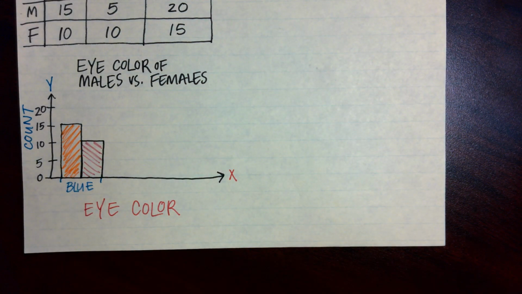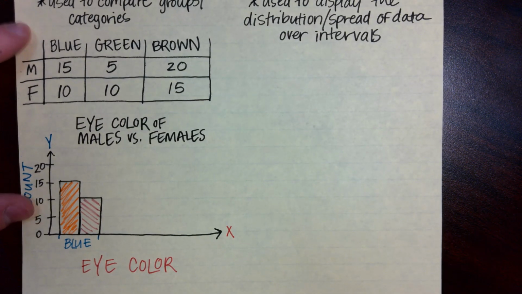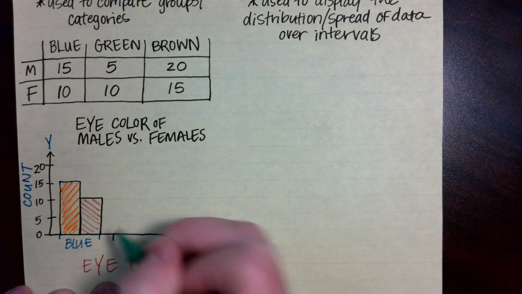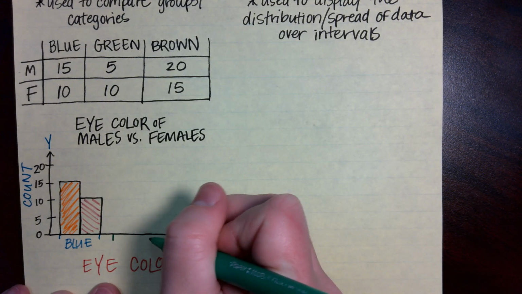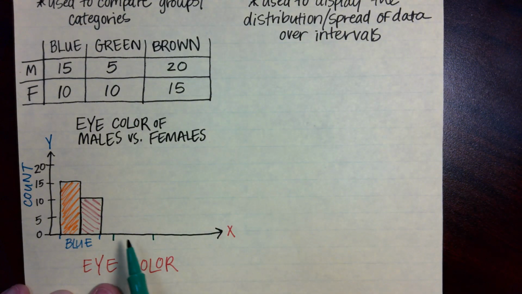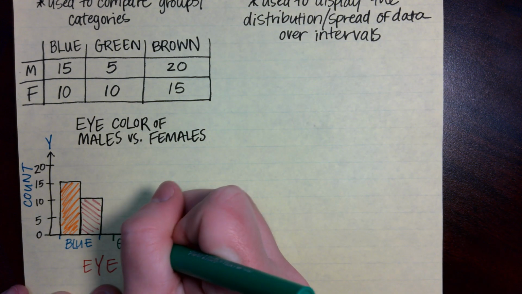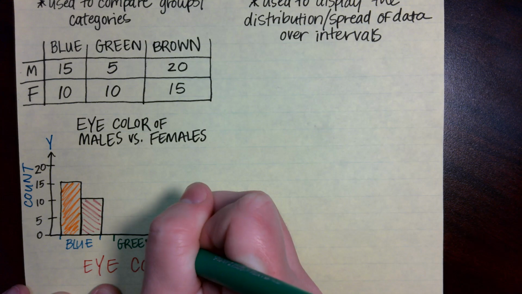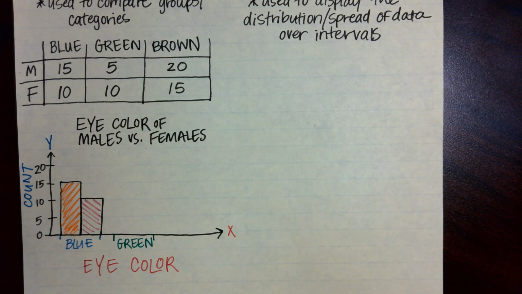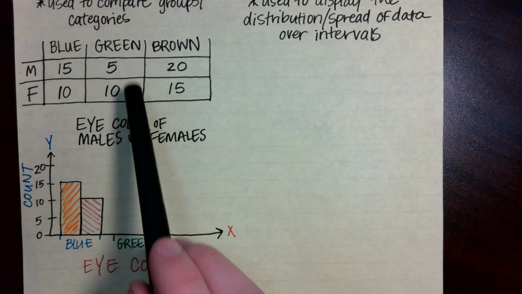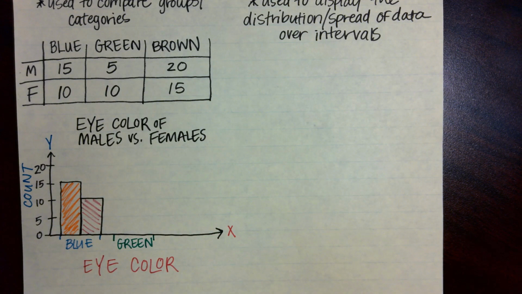Okay, so there's our blue. Next, we want to do our green eyes. Now, our next category, we don't want the bars to touch anymore. We're starting a new color. So I'm going to create a whole new area right here and label it green. And then I'm just going to look and see how many green eyes for the males and the females.